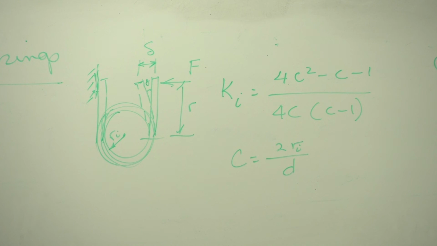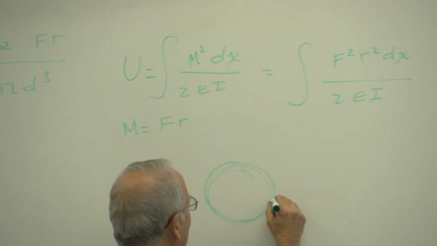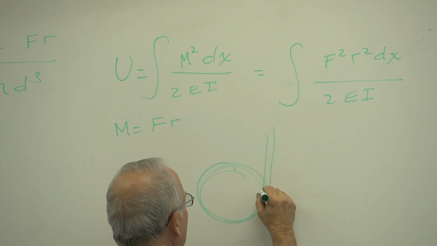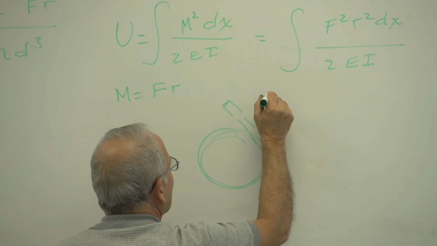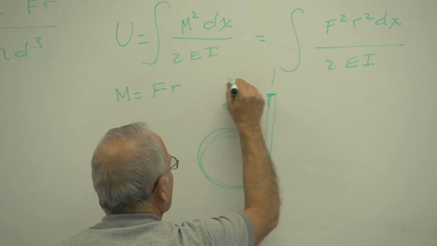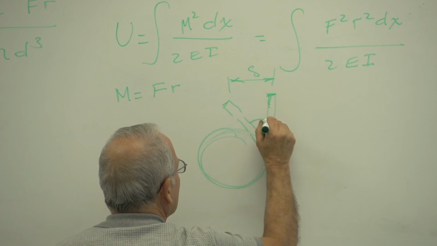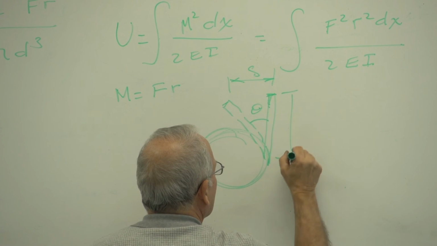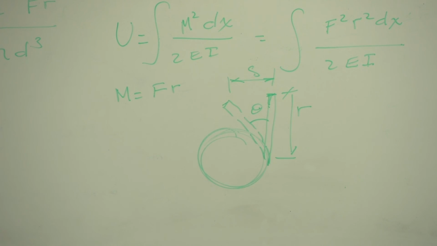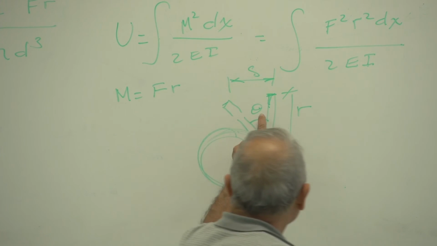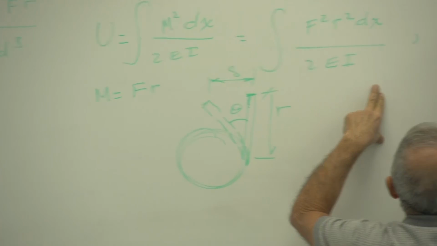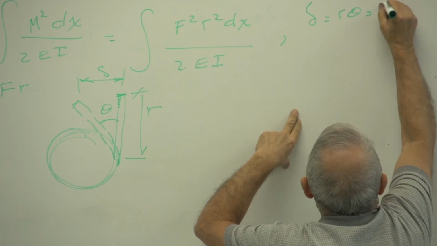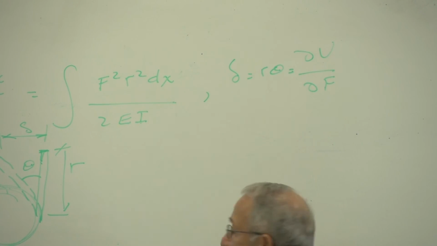So this is the spring, the initial shape, the final shape, that's delta, that's theta, and that's R. And R times theta will give you delta. So delta equals R theta equals the partial of the strain energy with respect to the force F.